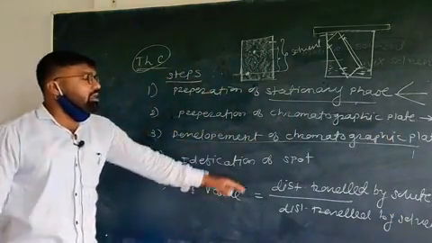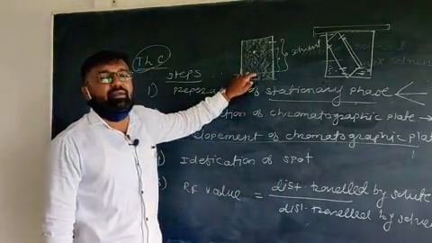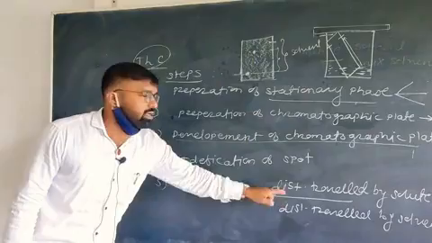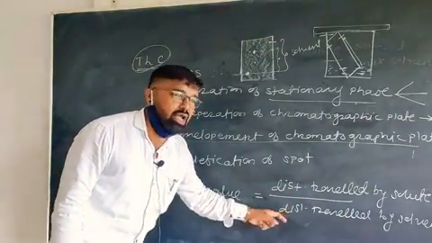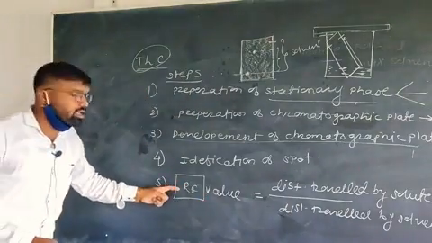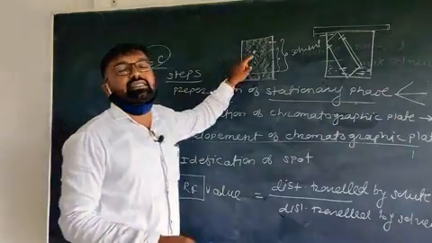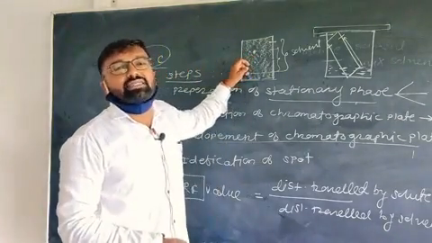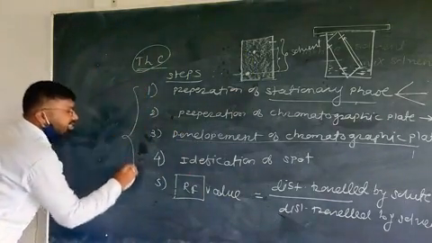It is a ratio of the same quantity, because we measure distance in centimeter, therefore it has no unit. Units here centimeter, here centimeter, cancel out. This RF value is a characteristic property. By knowing this RF value, you can say whether the components of a mixture are separated from each other or not. This is the whole idea regarding TLC.